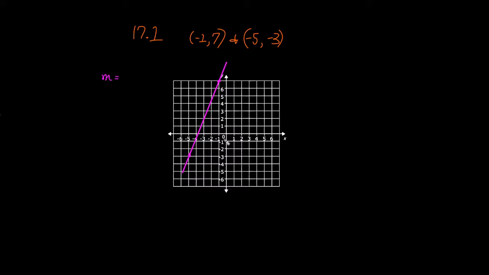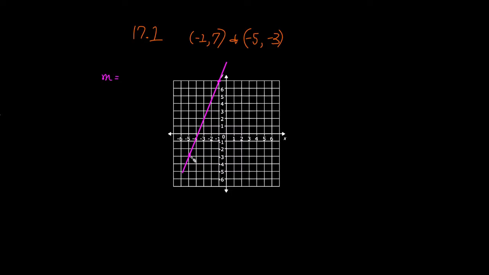So (-1, 7): x is -1, y is 7 for that coordinate. And on the second coordinate, x is -5 and y is -3. Okay, so how are we going to find the equation?